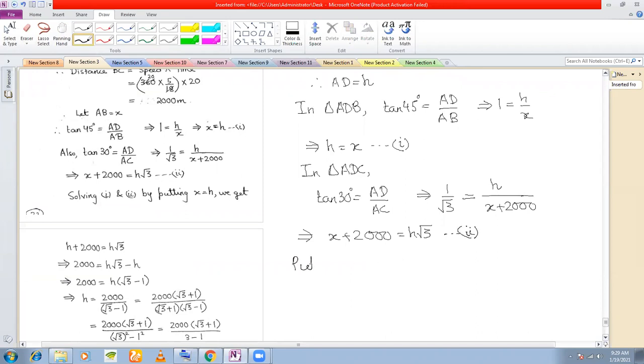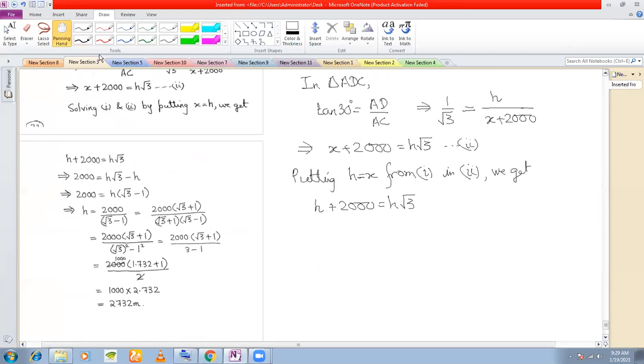So putting h is equal to x from equation 1, since we want to find out the height, we replace x by h. So h plus 2000 is equal to h root 3. Now we simply solve for h and get the value.